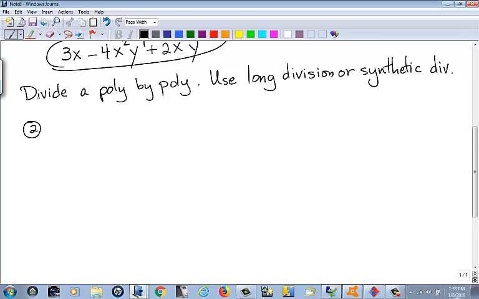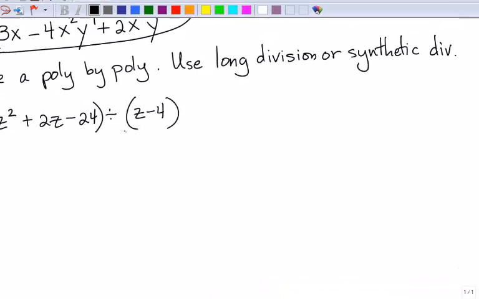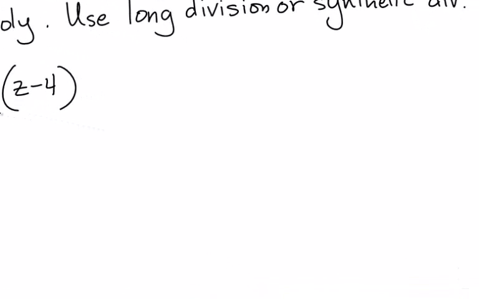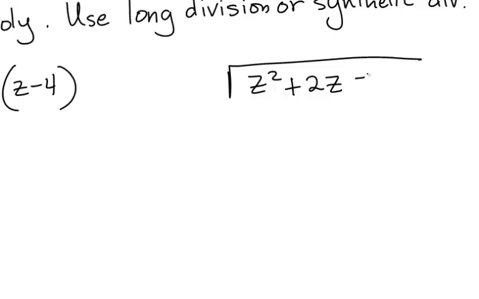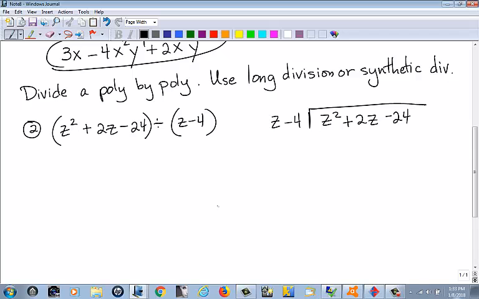As an example, they give you z squared plus 2z minus 24 divided by z minus 4. It's actually a polynomial divided by a binomial, but it's poly by a poly. Long division: you would rewrite this as z squared plus 2z minus 24, and we're going to divide it by z minus 4.